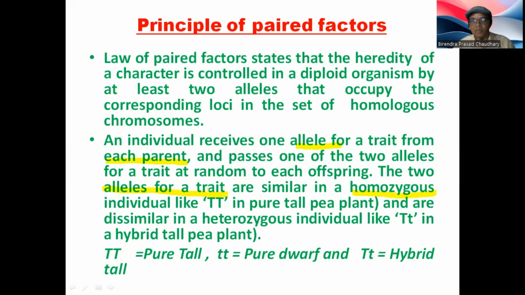When both alleles for one biological character are the same, we call that organism a homozygous individual, like TT, capital T and capital T in a pure tall pea plant. A pure tall pea plant shows the homozygous condition, with both capital T. And the alleles are dissimilar in heterozygous individuals, like capital T and small t.